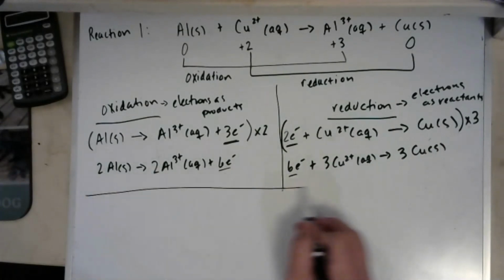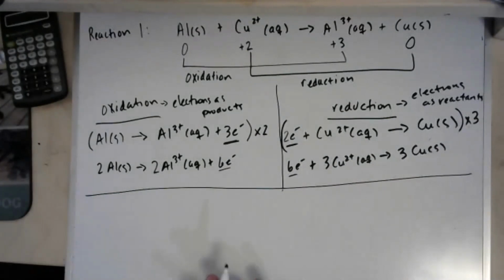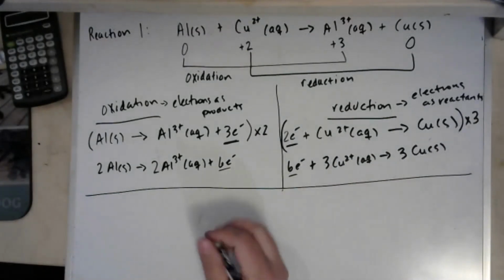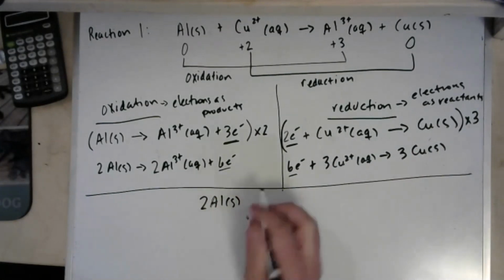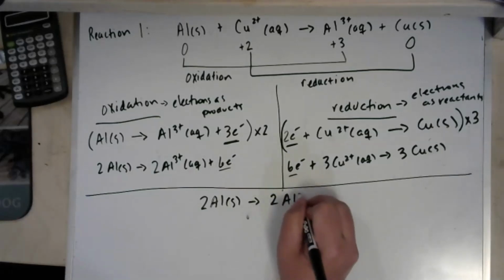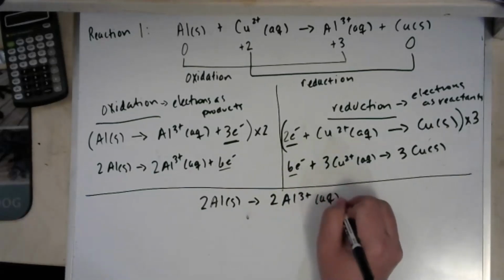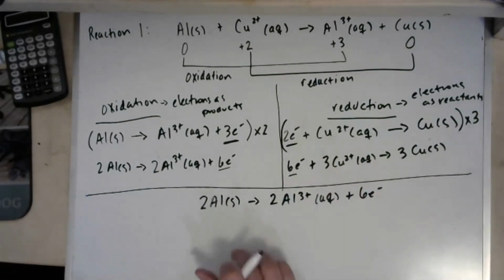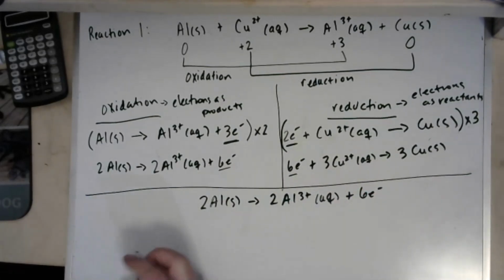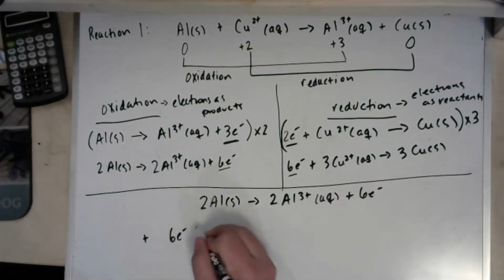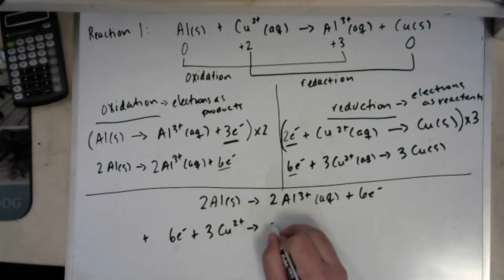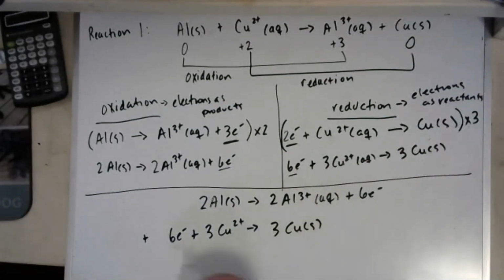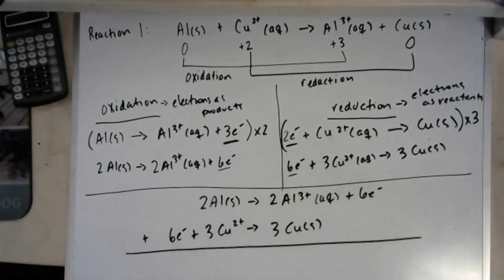So step 6 is going to be to add these reactions together. So I'm going to rewrite them so they look almost like a math equation. Okay, so now I'm going to add these two things together.